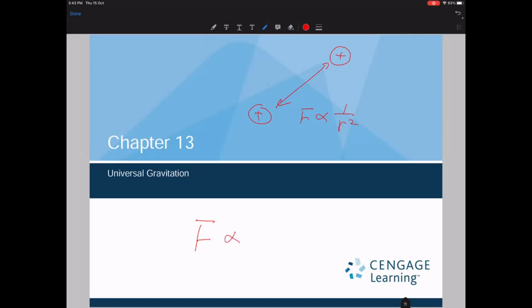So here, instead of talking about charged particles, we are talking about massive particles. We are not talking about electrostatic force. We are talking about gravitational force. And we have a similar equation such that the gravitational force is inversely proportional to the square of the distance between the two objects.